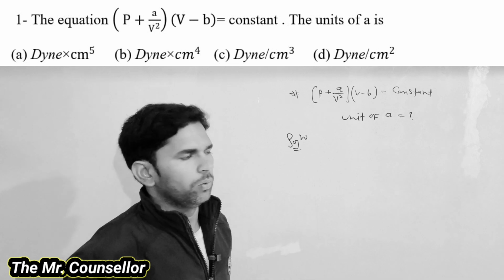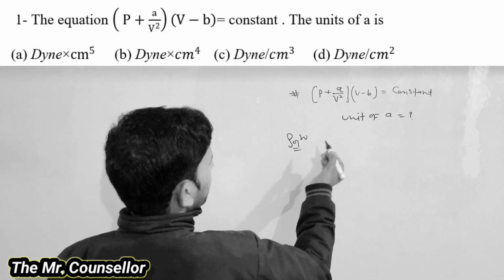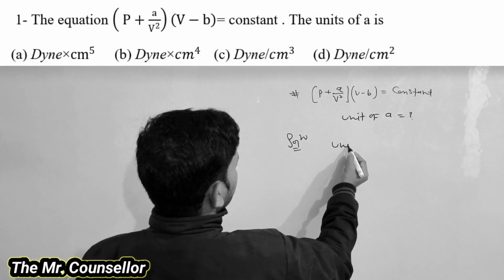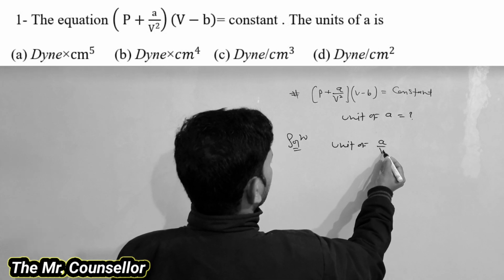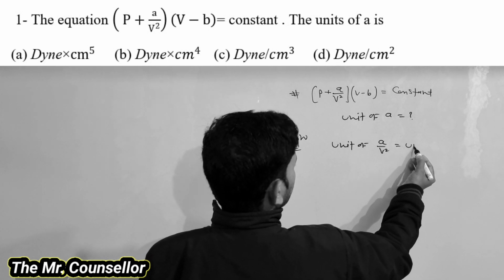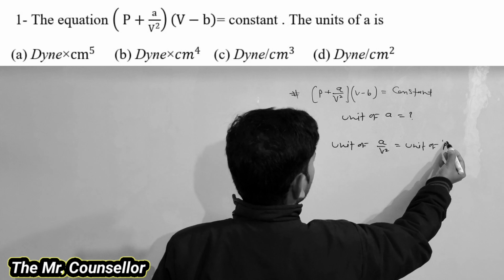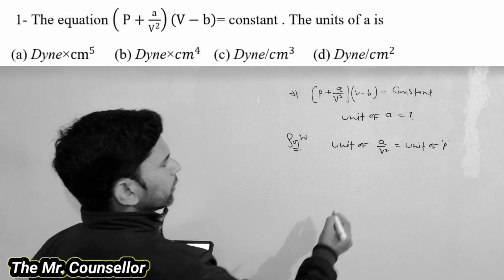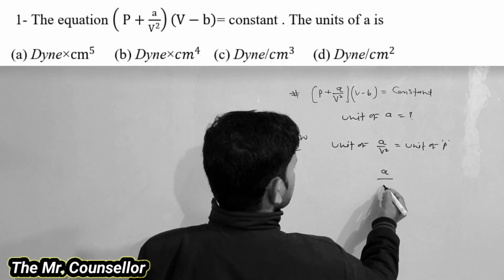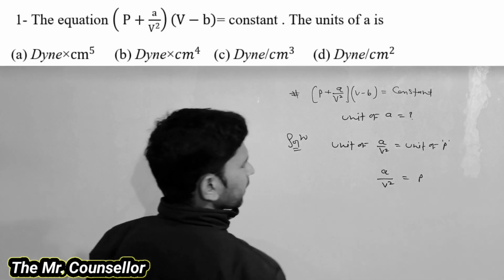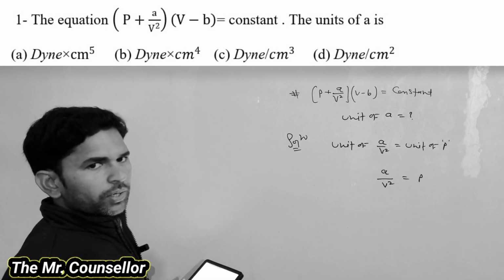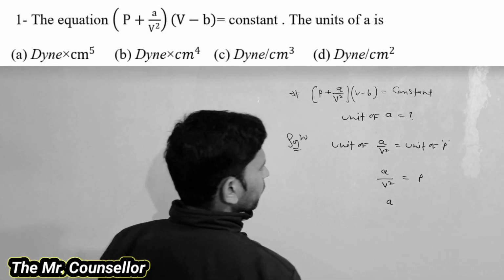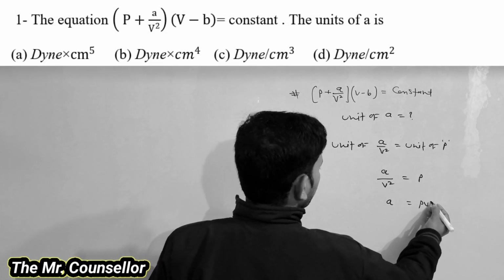According to the principle of homogeneity, the unit of A upon V square is equal to the unit of P. P means pressure, A is the area, and V is a volume. So first we write according to the dimensional formula: A we need to find, so A equals P V square.